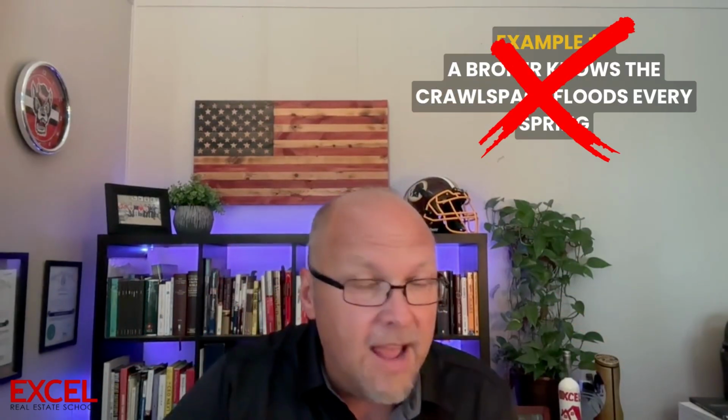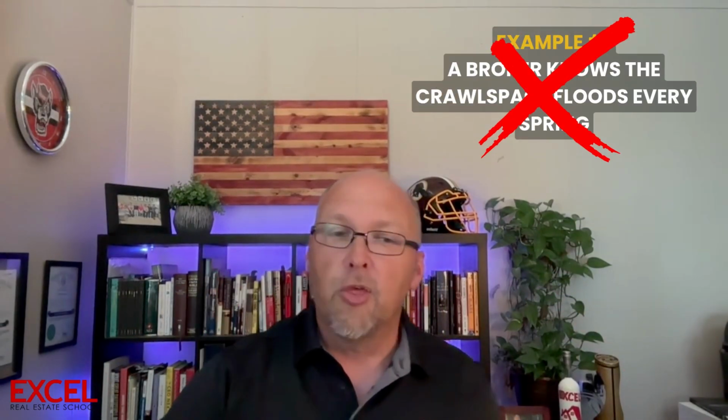Example 1, a broker knows the crawl space floods every spring. The seller says, let's just not mention that. And the broker agrees. Now the problem is that's failing to disclose a material fact. The commission takes that very seriously. Example 2, a broker advertises a home as having 4 bedrooms, but 1 bedroom doesn't legally qualify as a bedroom. The broker knows that. That's misleading advertising.